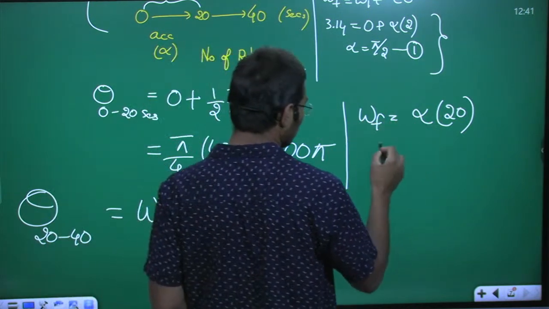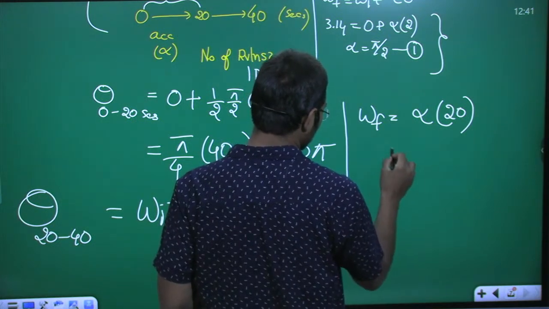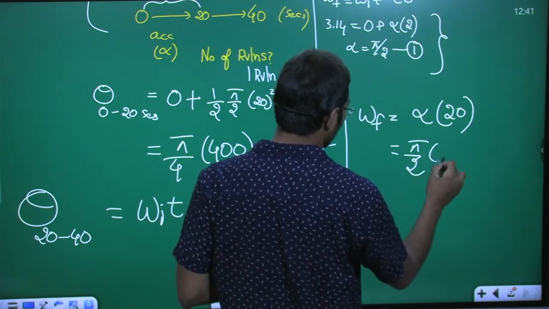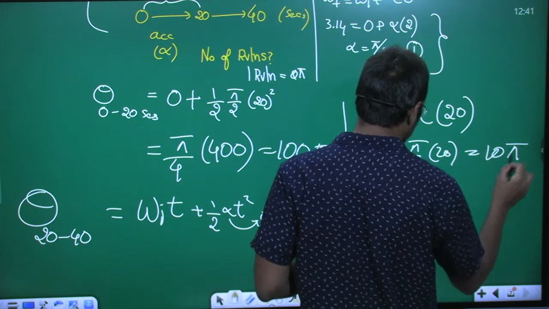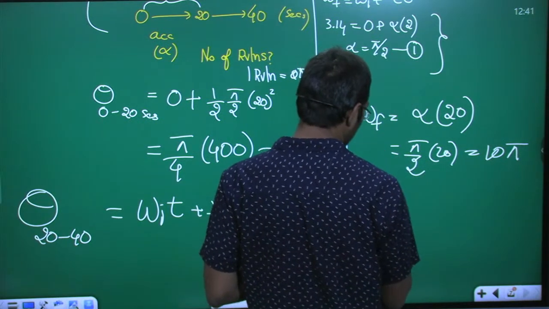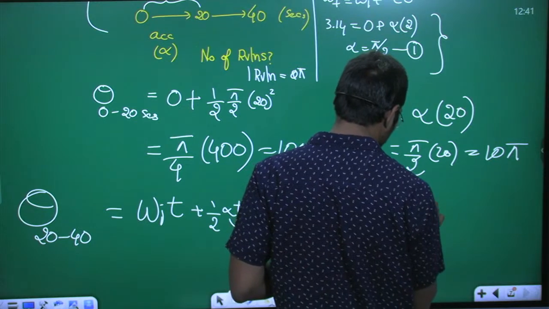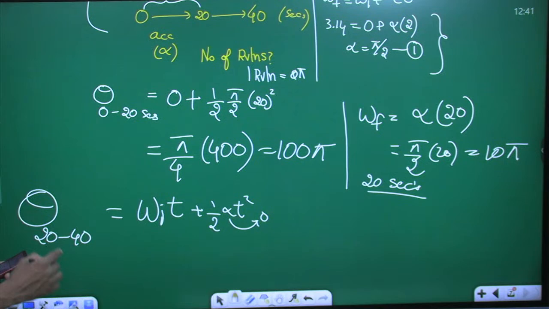So omega at 20 seconds is equal to alpha, which is pi by 2, into 20, that is 10 pi. So this omega at 20 seconds will continue, because there won't be any kind of acceleration.